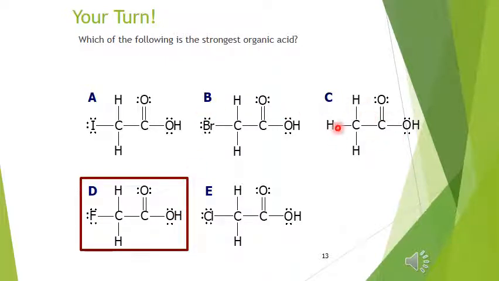With this one up here, after it loses H, the electron is just hanging out here. The H plus can come here, grab a hold of it, and reform the acid.